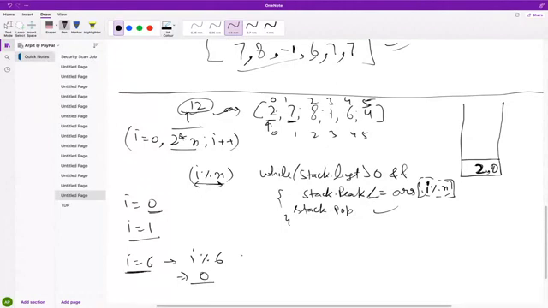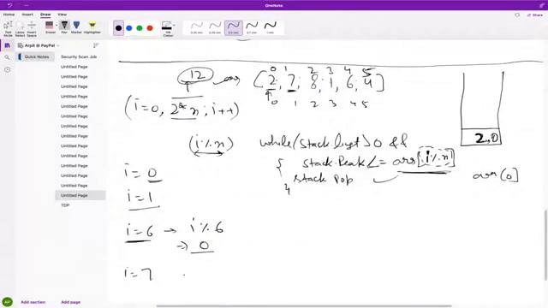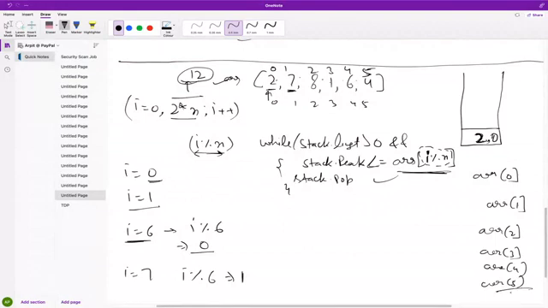So when i is equal to 6, in the array you are going to check array 0. Then i becomes 7, you do i mod 6 again, and check array 1. That's the purpose. You again check array 2, array 3, array 4, array 5. And then your loop will stop because you have reached i equal to 12.